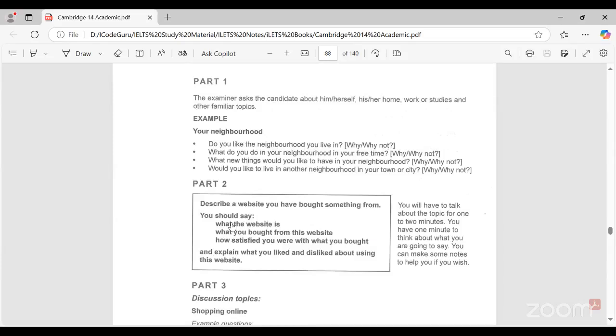Yes, you can. So then let's move to the next question. As I mentioned how we can answer this question. What new things would you like to have in your neighborhood?